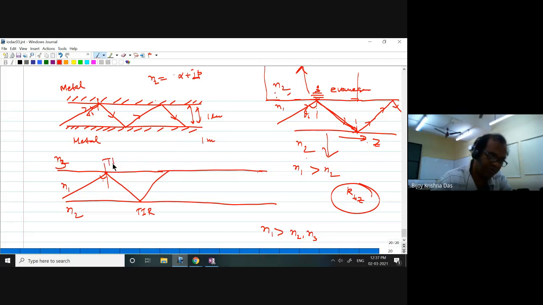If you set this angle theta I correctly, such that the N1-N3 interface has total internal reflection and the N1-N2 interface also has total internal reflection, is that the only condition you want for guidance, or is there anything else you need to consider?